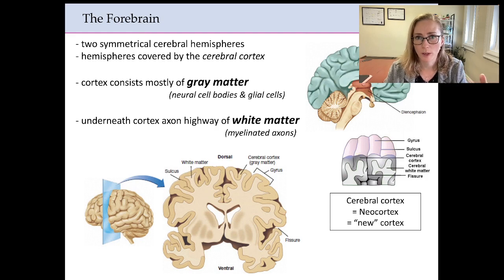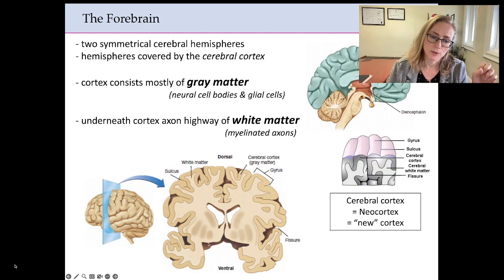It does appear white because fatty tissue is wrapped around those axons. And so basically we have neurons with their cell bodies in the cortex and then sending their axons, for example, over to the other hemisphere or down to spinal cord or from frontal lobe down to temporal lobe, however the direction wants to go, right?